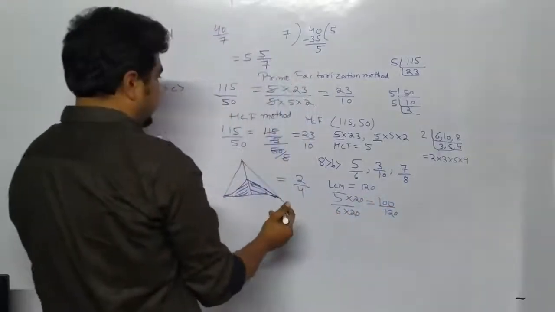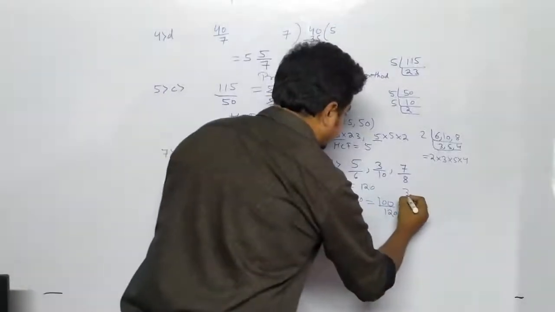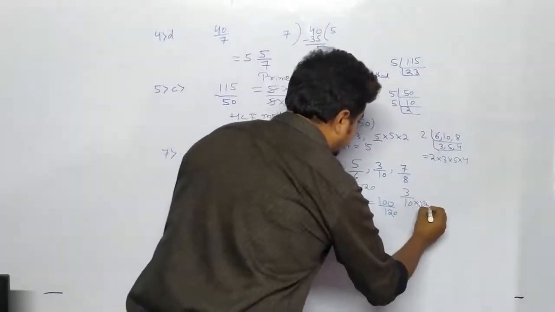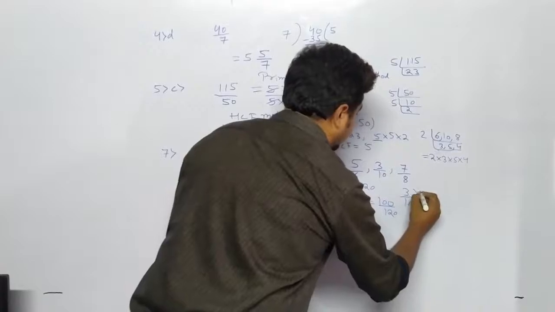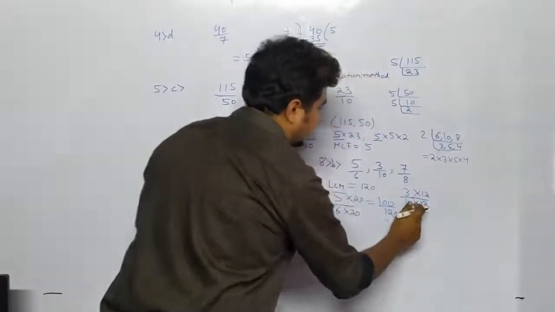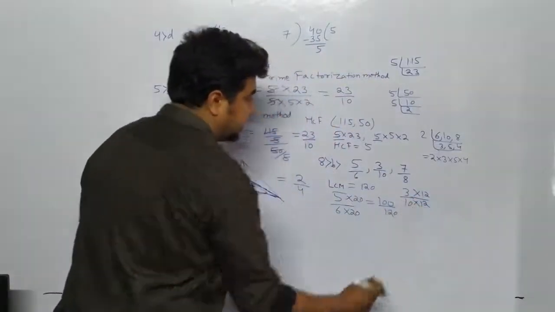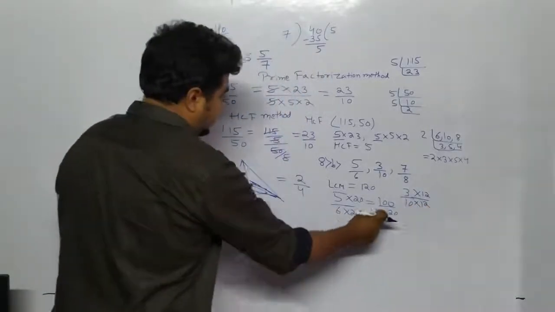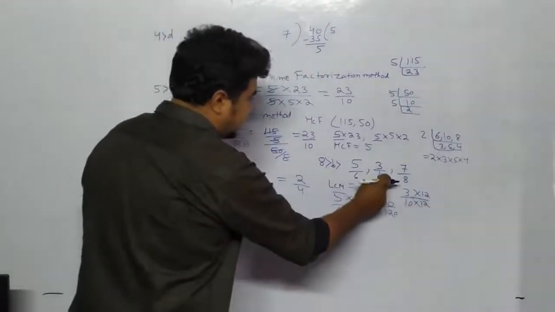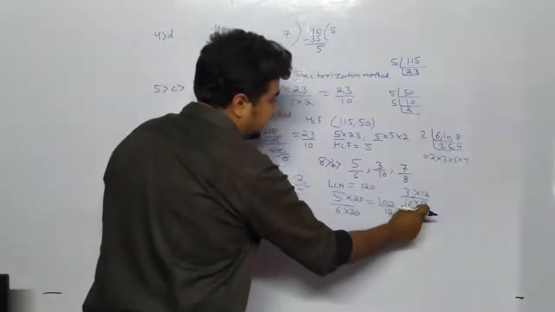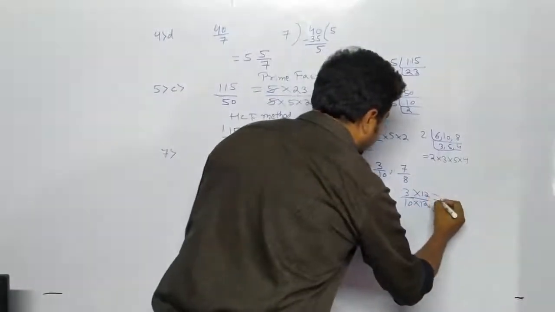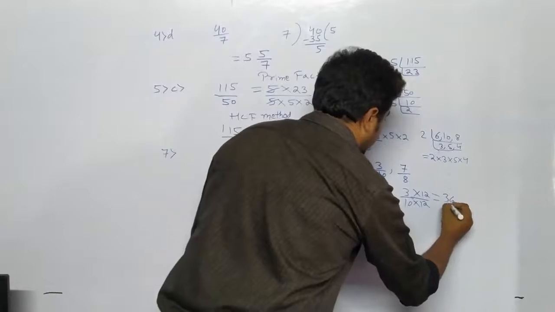Now the second part, 3 by 10. In the denominator you have to make 120, so 10 was given and you multiply it with 12. The same thing you multiply in the numerator also, so you are getting 36 by 120.